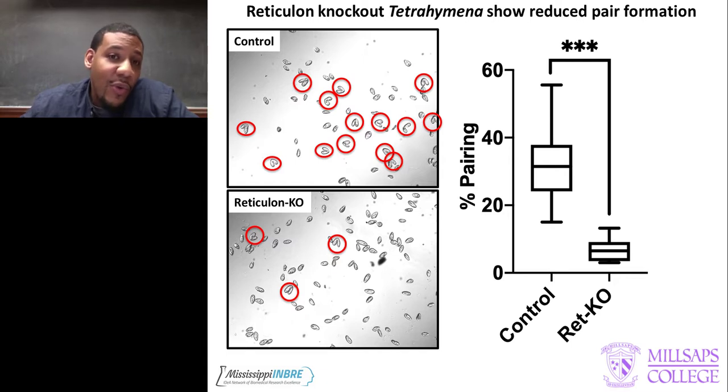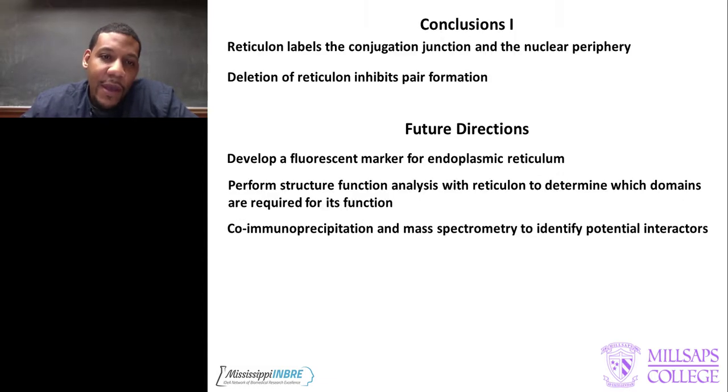And I'll just conclude this first part of this talk. So what we see here is that endogenous reticulon labels the conjugation junction as well as the nuclear periphery. So again, that nuclear peripheral staining and some of that tubule staining we saw in those images is really consistent with labeling the endoplasmic reticulum.